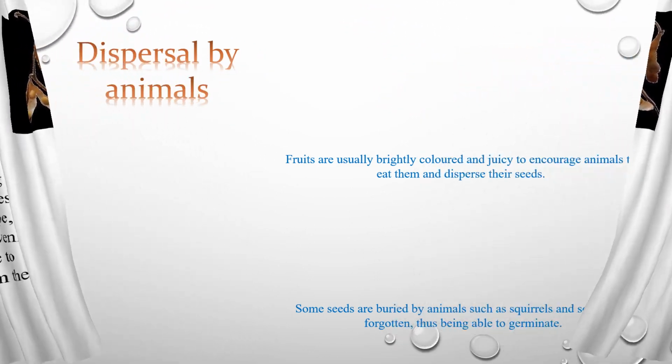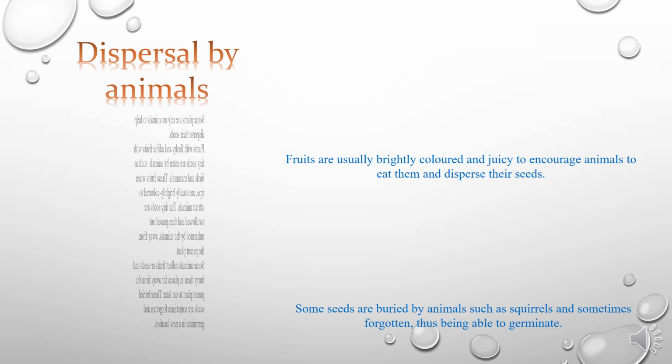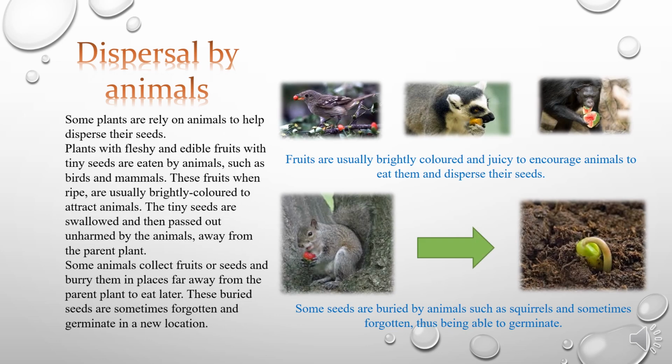Okay, now dispersal by animals. Some plants can rely on animals. That means some trees have fleshy edible fruits with seeds in them that can be eaten unnoticedly by animals such as birds and mammals.